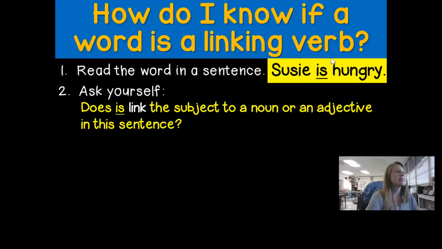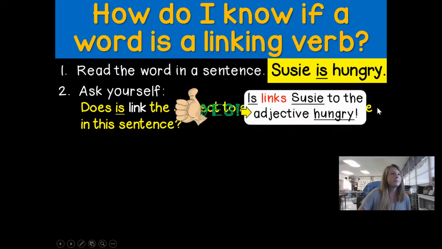So let's ask, does is link the subject to a noun or an adjective in the sentence? Think of this as our link. It's connecting. Here's our first word, Susie. That's a noun, right? And hungry is an adjective. So is is linking our noun and our adjective.